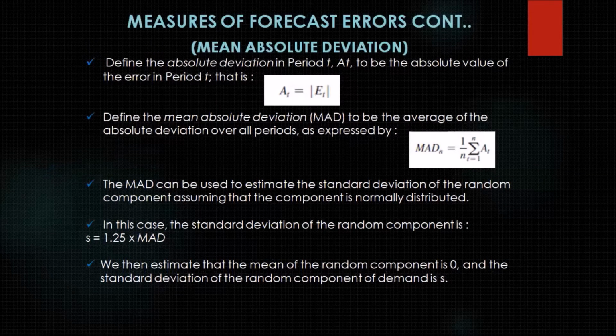The MAD can be used to estimate the standard deviation of the random component, assuming that the component is normally distributed. In this case, the standard deviation of the random component is S equal to 1.25 times MAD. We then estimate that the mean of the random component is 0, and the standard deviation of the random component of demand is S.